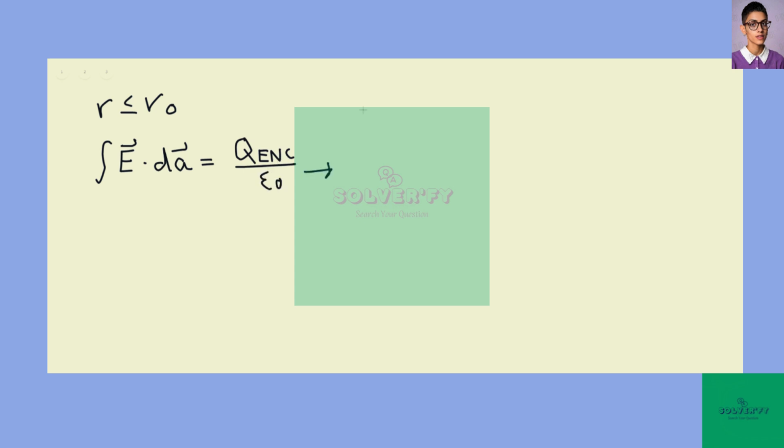Since we have spherical symmetry, this integral will be something more like E 4 pi r squared, so just the area of that surface at some arbitrary r inside the sphere, equal to charge enclosed. And remember, the charge enclosed for these smaller surfaces is going to be our electric charge density, dV, from 0 to r for that particular subsphere, all over epsilon naught.